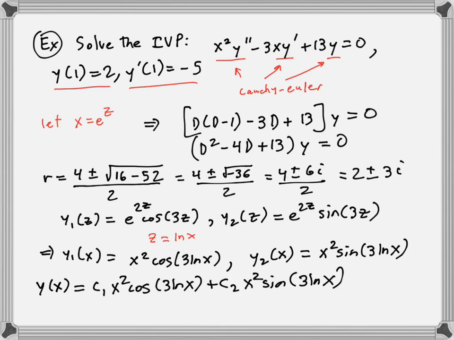First of all, if y of 1 is equal to 2, that means we get 2 is equal to, if you plug in 1, then your natural log ends up being 0. And so your first guy, because you had a cosine of 0, is just 1, and your x squared is 1, so you get c1, and then your sine of 0 is 0, so you just get 2 is equal to c1.